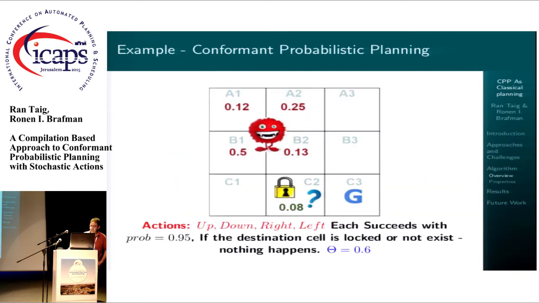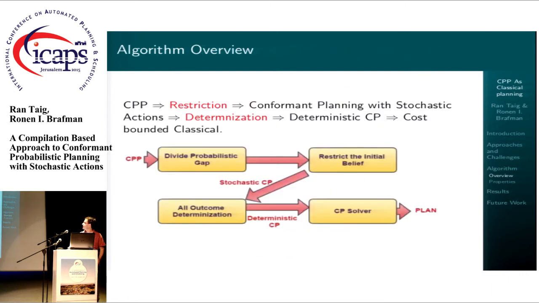So back to our example, we'll describe our algorithm. In a very rough overview, our algorithm has a few layers of compilation. The first layer is the restriction process, where we select a subset of the initial states. This takes us from the original conformant probabilistic planning problem into a conformant planning problem with stochastic actions. We call it a stochastic conformant planning problem.